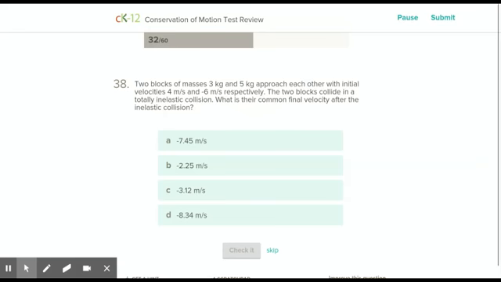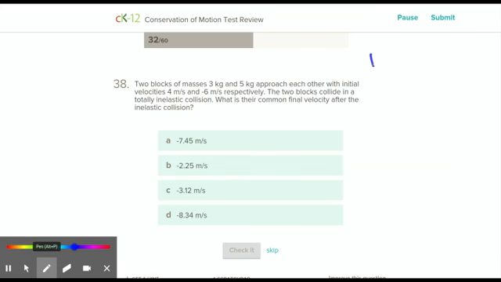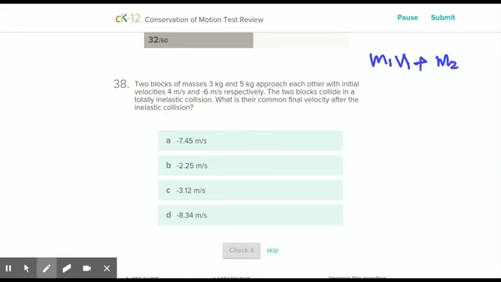It's the same thing over and over. m1 v1 plus m2 v2 equals, in a totally inelastic collision they stick together, m1 plus m2 times v3. And then v3 is what you're looking for.